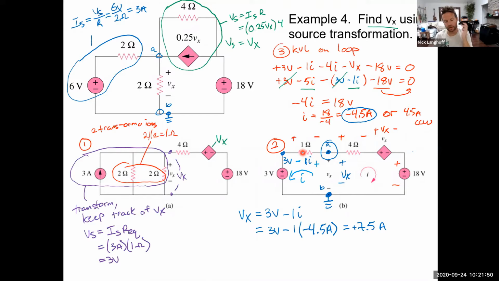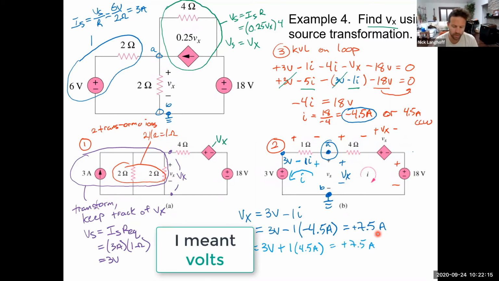And there we see that if we write it that way, then Vx would be equal to 3 volts plus the drop across the 1 ohm resistor, which would be 1 times positive 4.5 amps, because we've drawn the direction as actually going counterclockwise, which still gets us the correct positive 7.5 volts total.